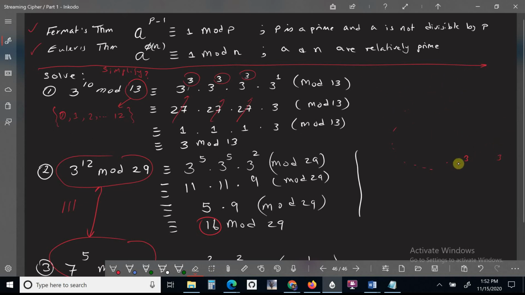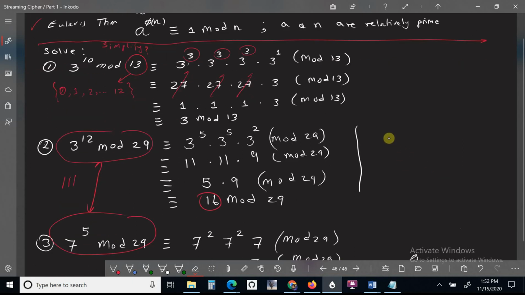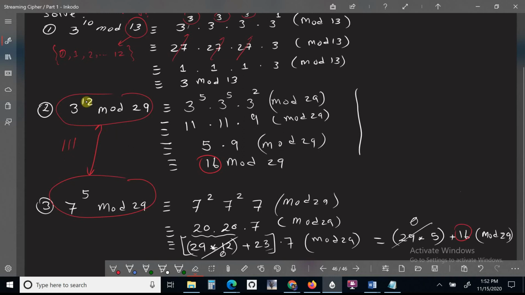All right, so the next example that we're going to go over, and this is what we did in class, is that I need to prove that these two numbers are equivalent to each other, and they are going to be equal to 16. So again, think about it this way.